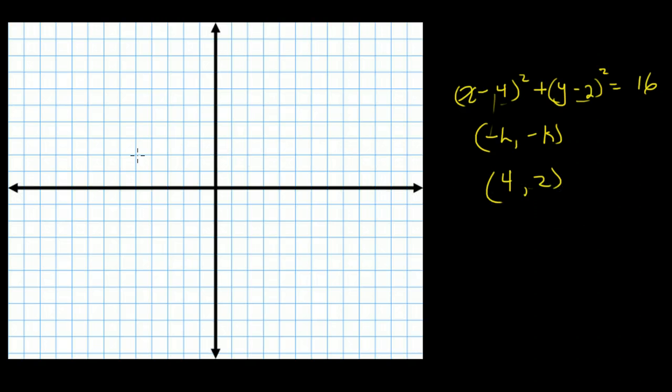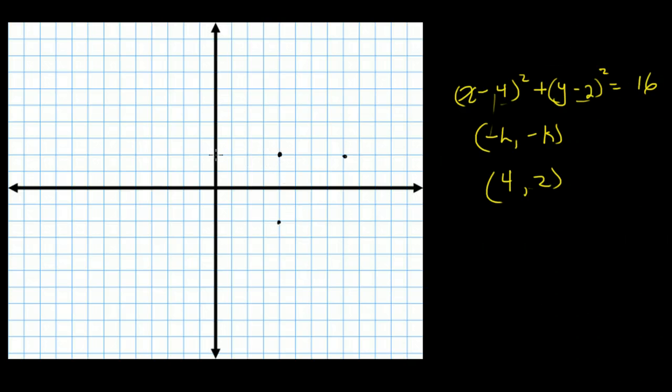So we'll have to draw a point at 1, 2, 3, 4, and 1, 2. This is our new origin. We've shifted it right and then up. And so our radius now is the square root of that number there, which is 4. So I can go 1, 2, 3, 4, and 1, 2, 3, 4 down from there.